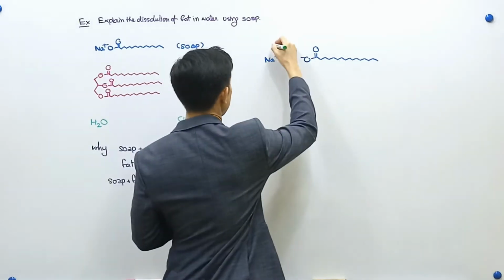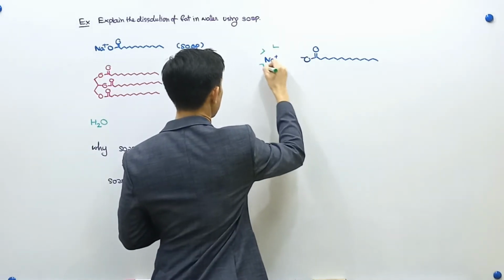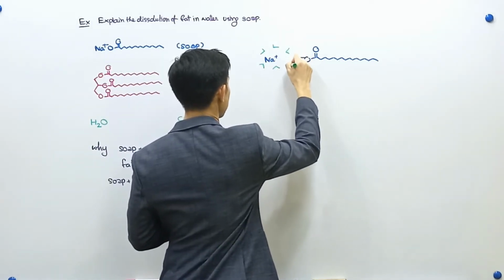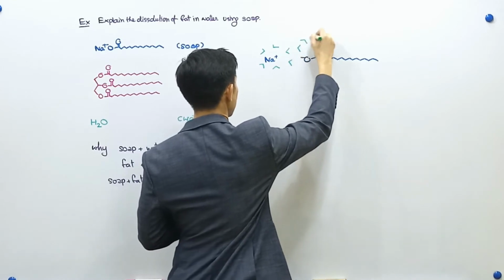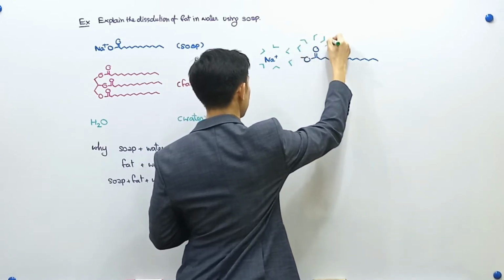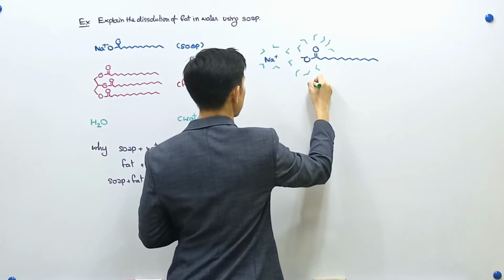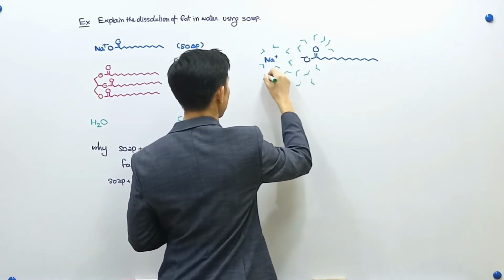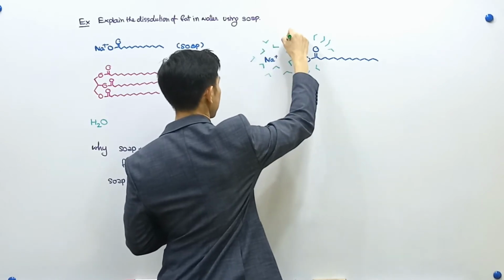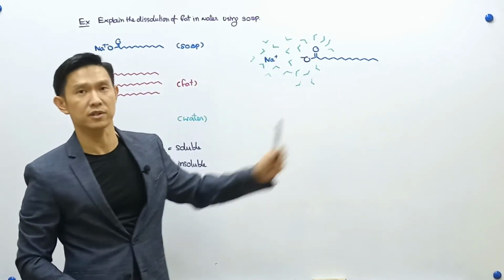Sodium ion is now surrounded by water molecules, and the carboxylate ion also has water molecules come around and dissolve it. So you have this kind of ion dipole interaction.